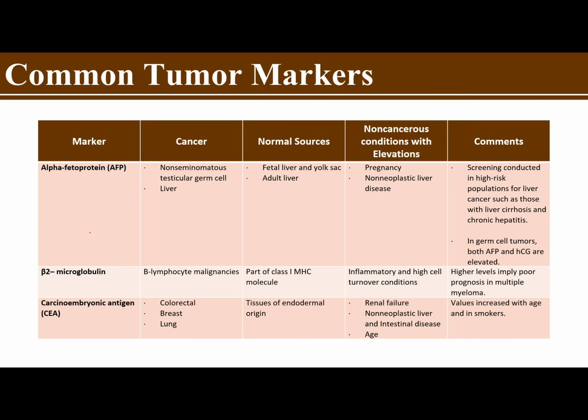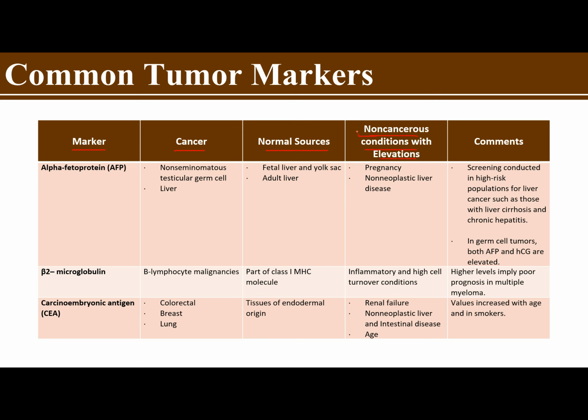Let's continue with the common tumor markers, class. So here in this table, you will find the different tumor markers, the cancer they are specific for, their normal sources where they would usually be found, and the non-cancerous conditions wherein they would be elevated.